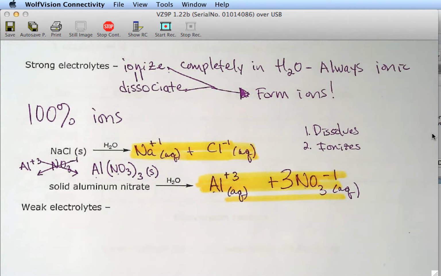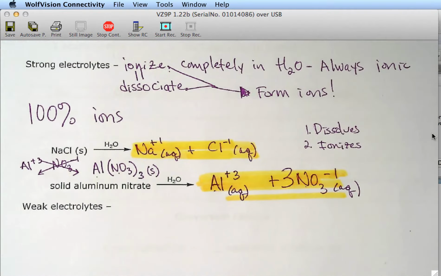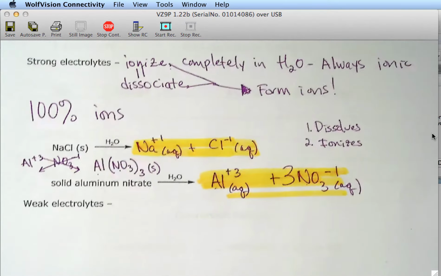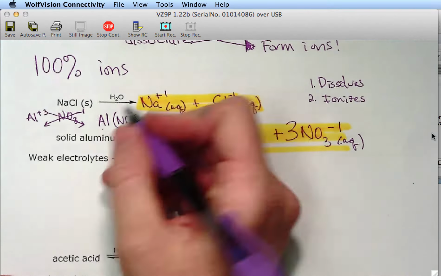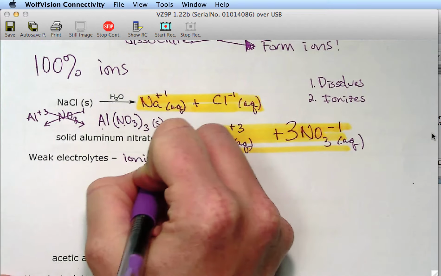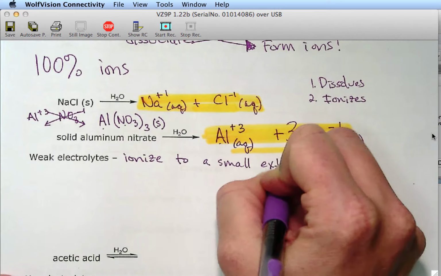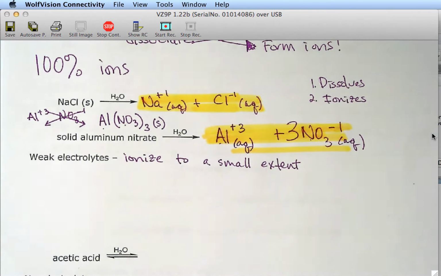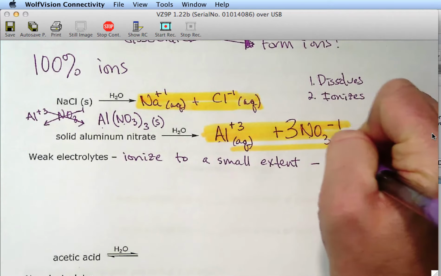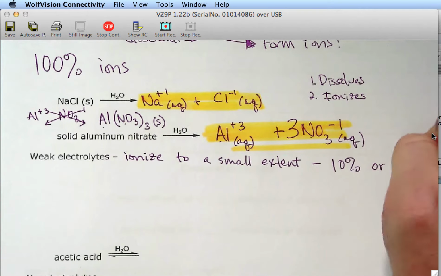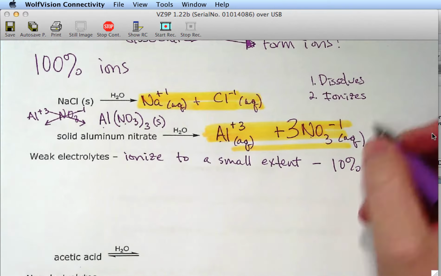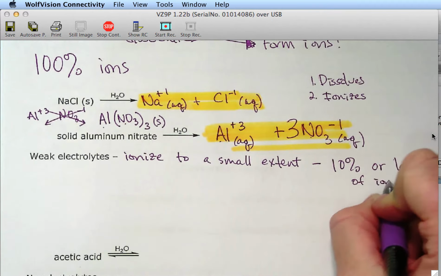So weak electrolytes ionize to a small extent, unlike strong electrolytes. So ionize to a small extent. 10% or less is how many ions you will have in solutions. 10% or less of ions.